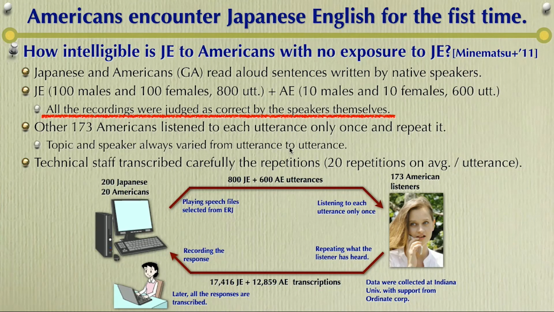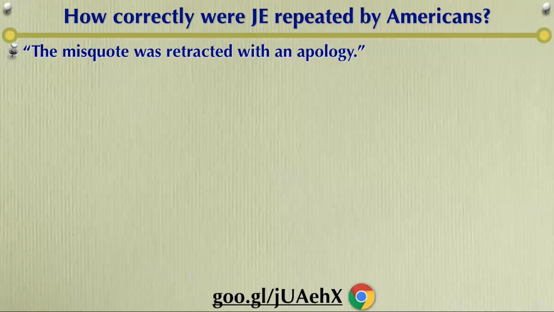So for the speakers, these utterances are correct English. More than 150 Americans joined this listening experiment, and lots of repetitions were transcribed by technical staff. This is called oral intelligibility. So what kind of results did we obtain?